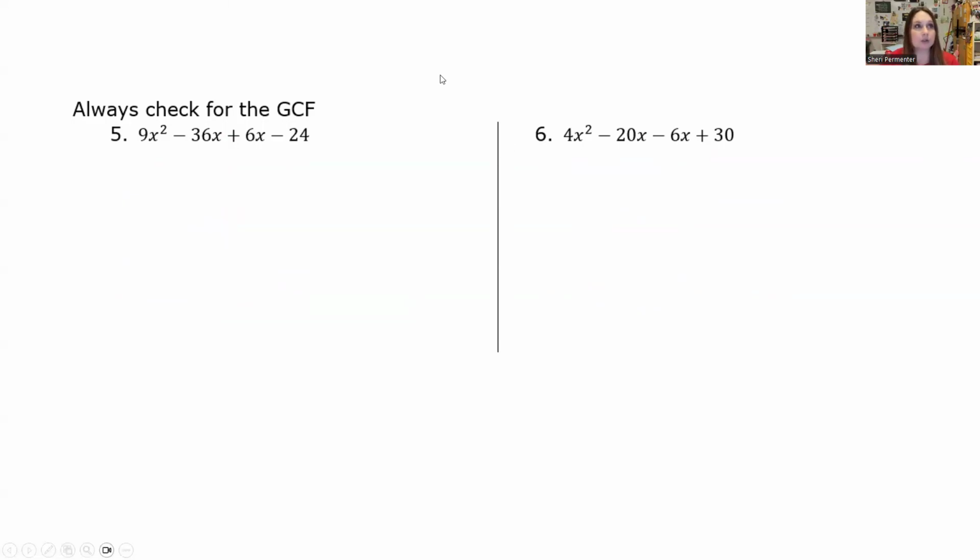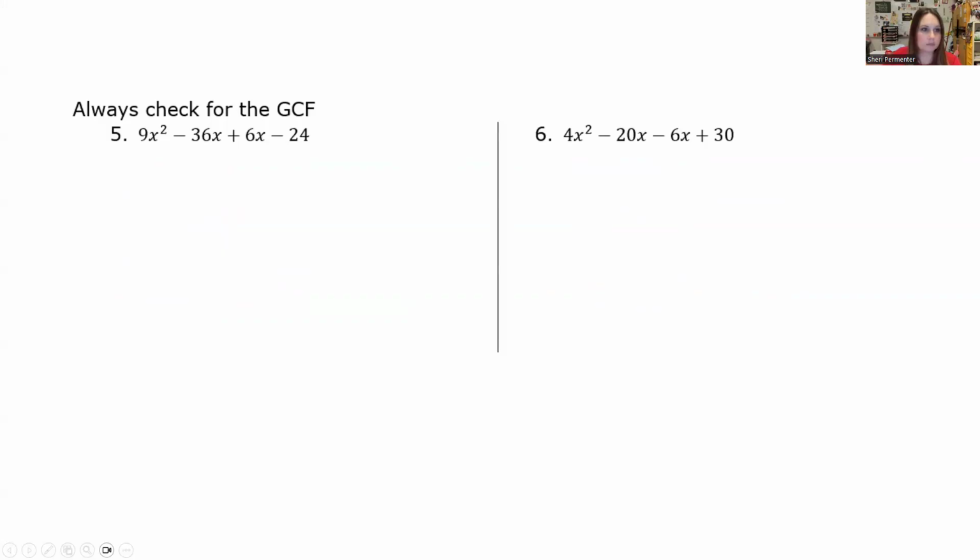And so if I take a look over here, 9, 36, 6, and 24. There's one number that can divide into all of those. Think about it. What's one number that can divide into all of those? Three. So if you thought of three, good job.